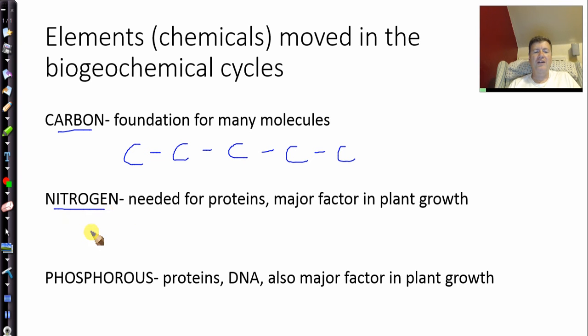Nitrogen, abbreviated N, is needed for lots of reasons. I just highlighted one here, proteins. It's a key ingredient in the production of proteins, and proteins are found in all living things. It's also a major factor in plant growth.